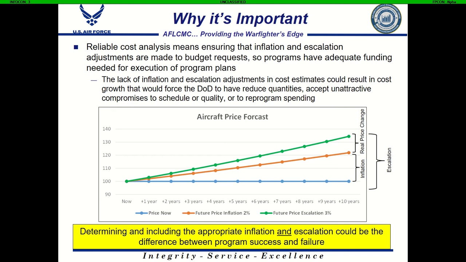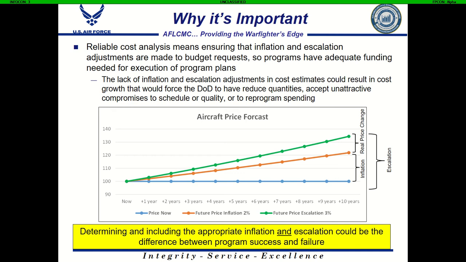If we don't account for this, if we don't do the research now to estimate that cost 10 years from now, we could have insufficient funding, which could lead to problems for the program, including cancellation or having to wait in order to get more money, or other problems with having to reduce the quantities, or other impacts or corners that would need to be cut, features that would have to be eliminated, or capabilities that could have to be changed in order for us to actually afford what we wanted.